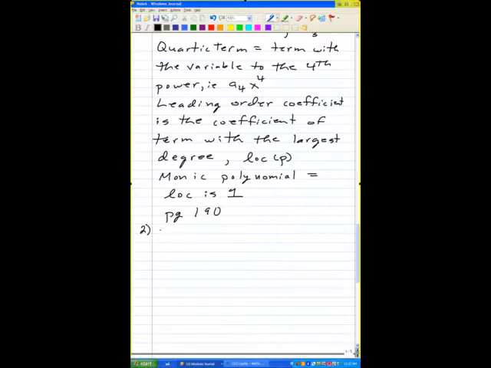So let's do problem number 2. Negative 3x cubed plus 5x minus x. So I've got to check, is this a sum of a whole bunch of terms? And are each of these terms variable to whole number exponents?